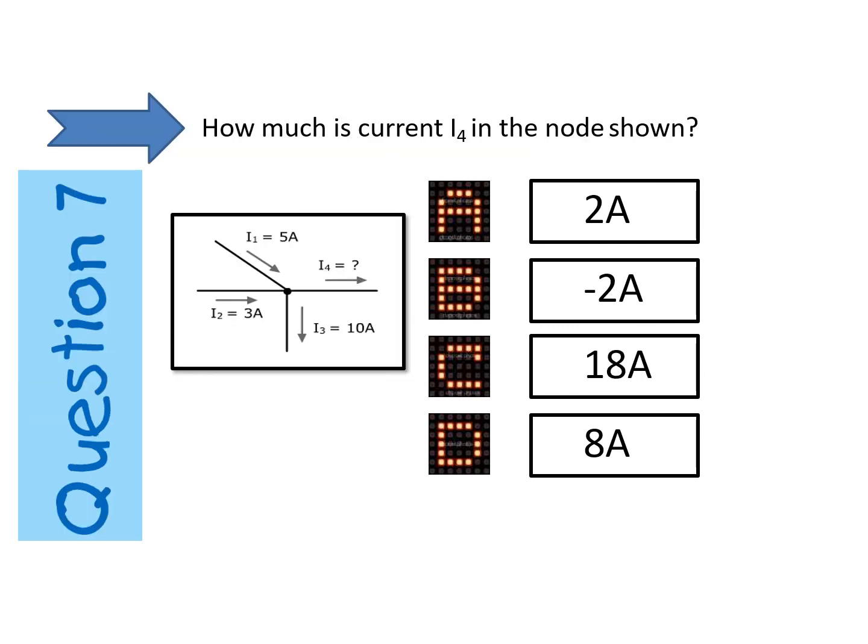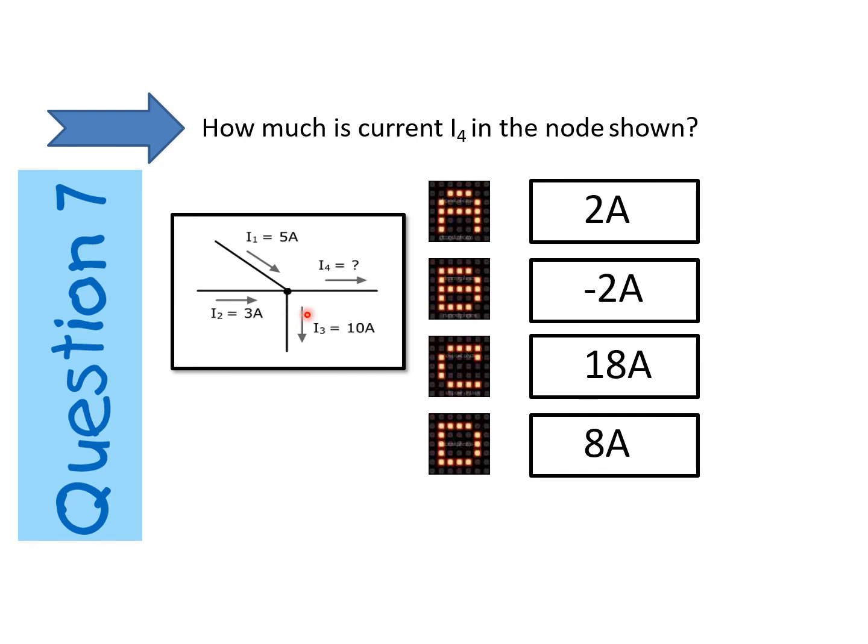Next one. How much is current I4 in the node shown? So this is another node which has four branches: I1 is entering, I4 is leaving, I3 is also leaving. So first you have to identify the entering currents. I1 and I2 are entering, and the sum of them is equal to 8 amperes.